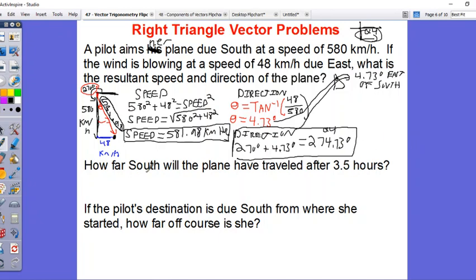Now, how far south has the plane traveled after 3.5 hours? We know that the vertical component of the plane, so j, is going to move south at, and it's just given to us, 580 kilometers per hour.